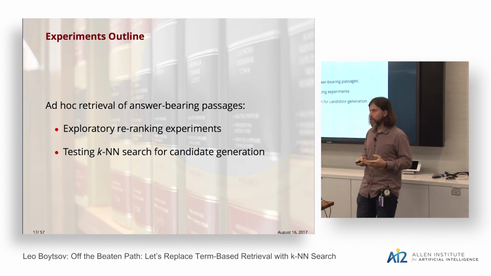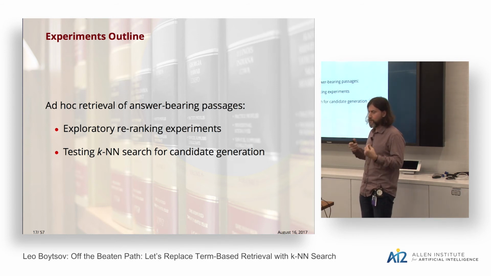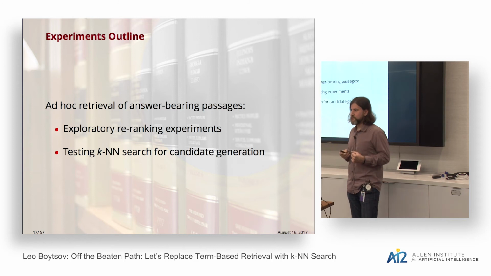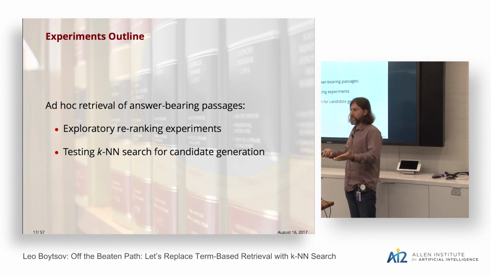Okay, let me now talk about experiments. I use several QA collections which contain a large number of questions. For most questions, I have several passages which may provide an answer, and I call them answer-bearing passages.